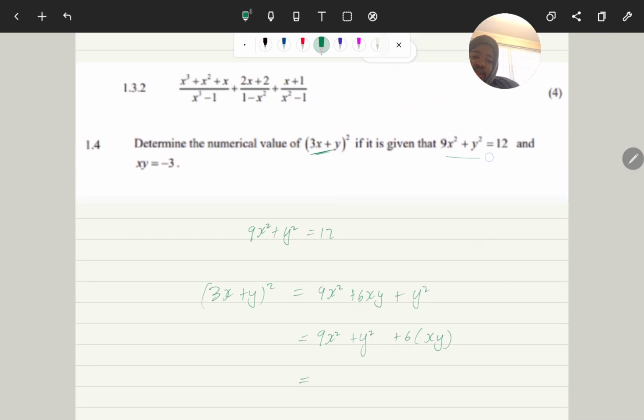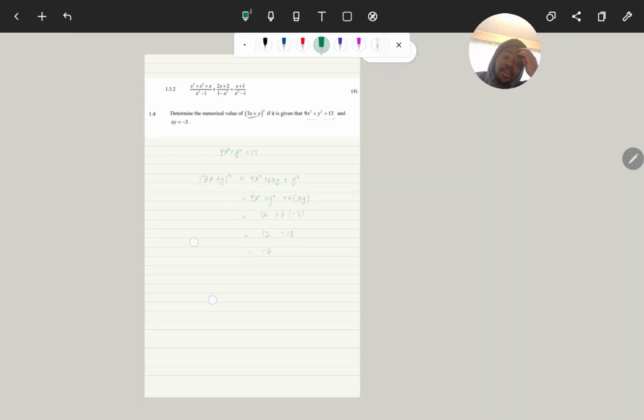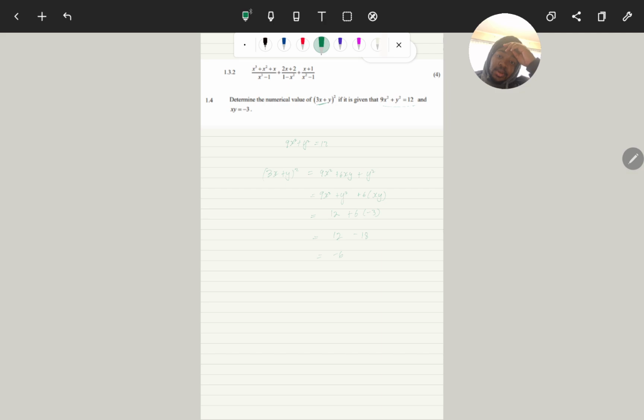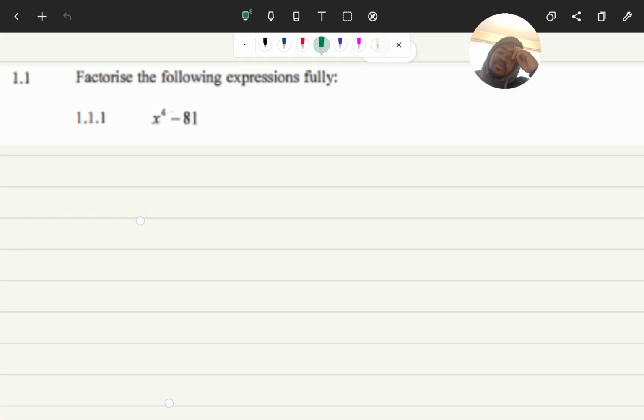They said that this is 12, so here I'm gonna have 12 plus 6. They say xy is minus 3, so I have minus 3. That means I have 12 minus 18, which is minus 6. Yeah, let's move on, friends.